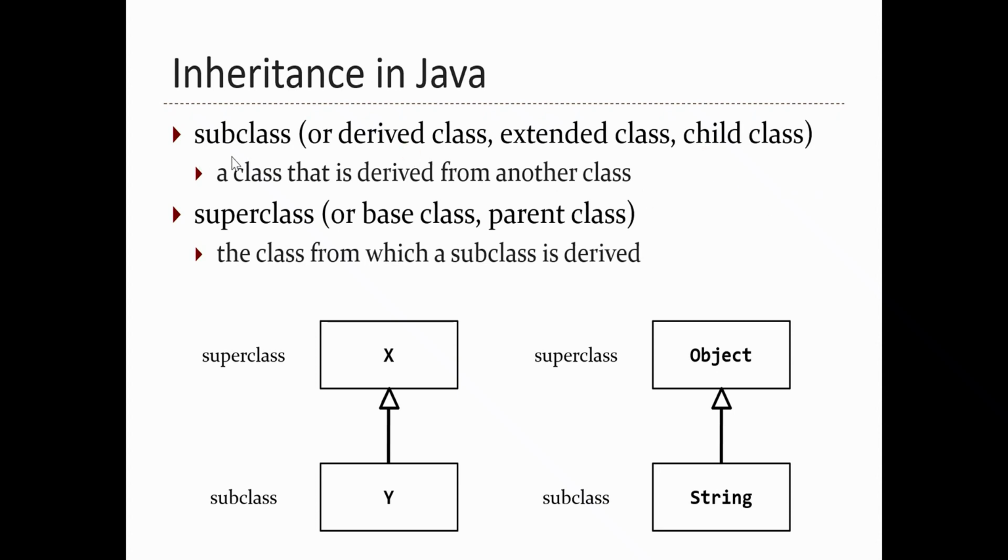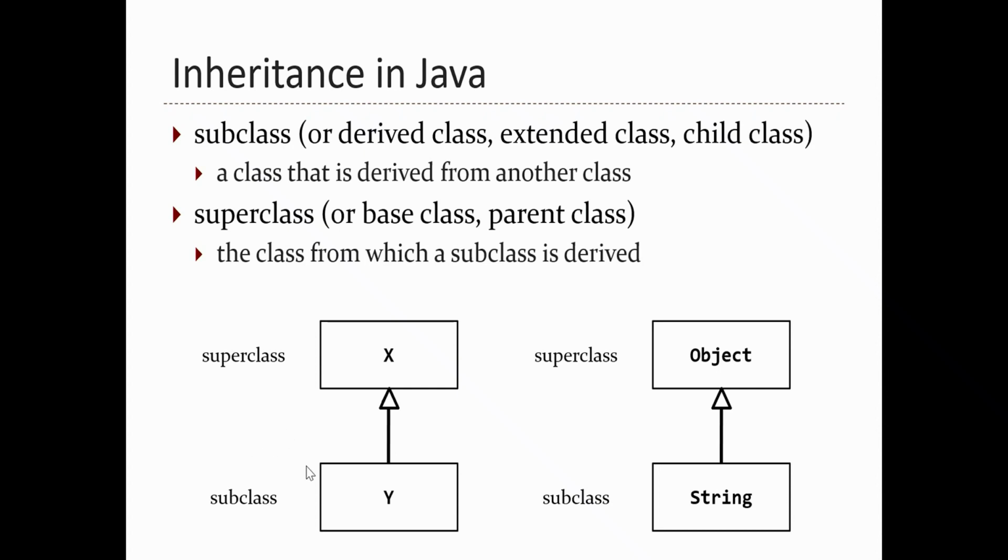Child, derived, and subclass are common when talking about object-oriented programming languages. A child class or a subclass is a class that's derived from another class. So here we've got some class X, or Object, and here we've got some class Y that's a subclass of X. String is a subclass of Object. Every class that's not Object in Java is a subclass of Object.